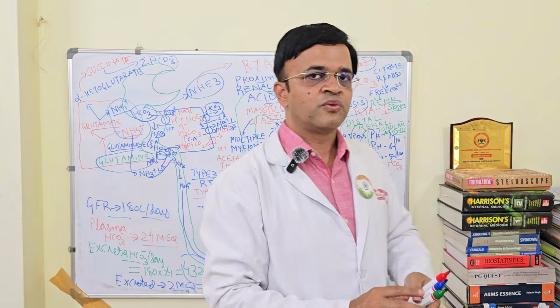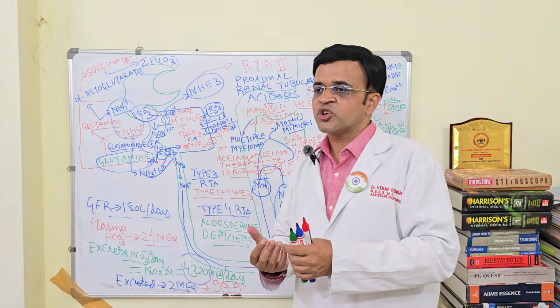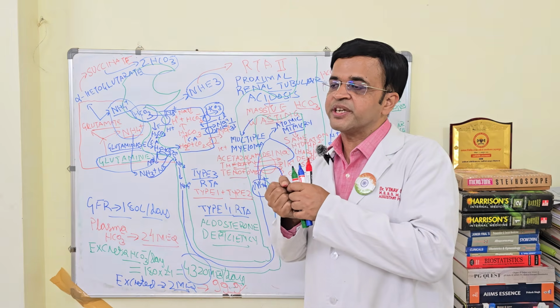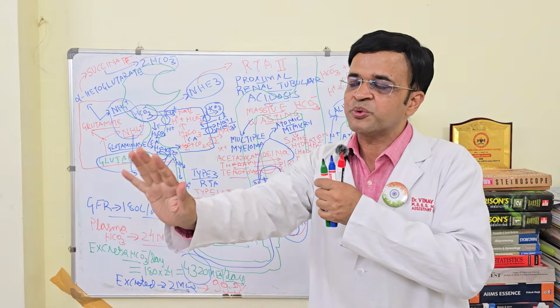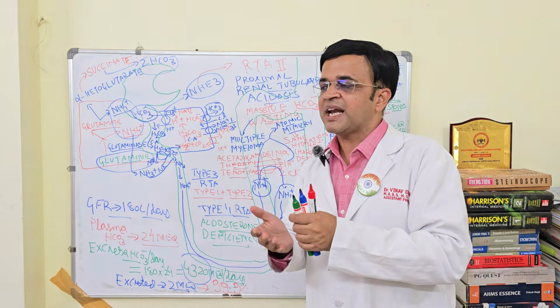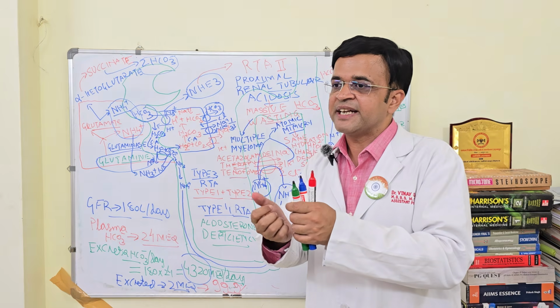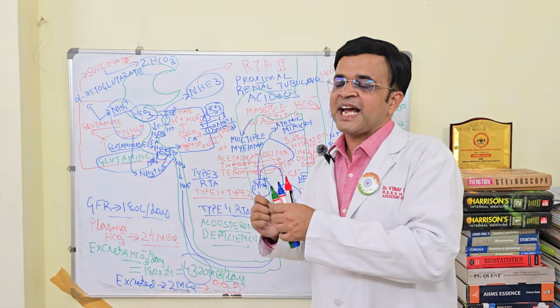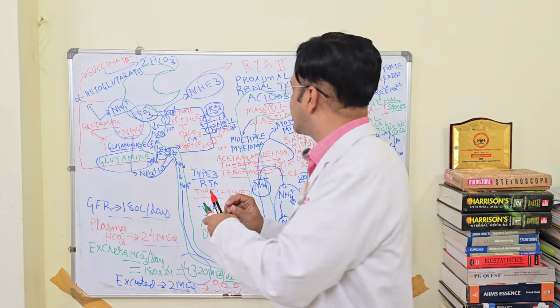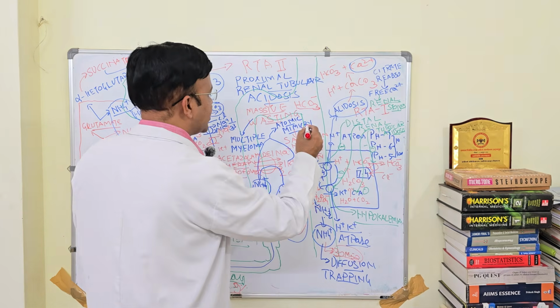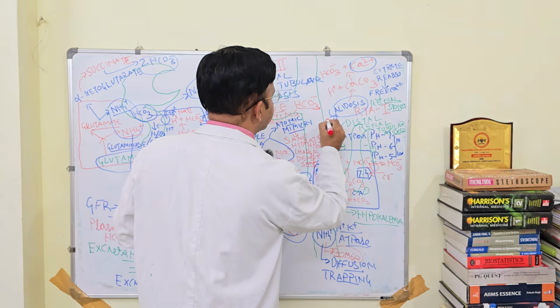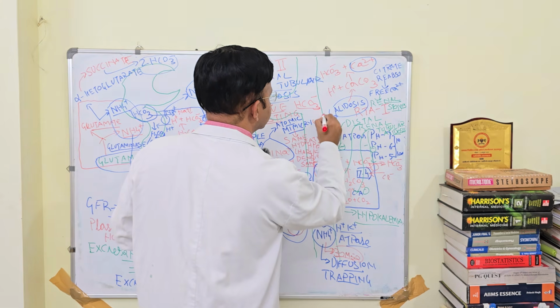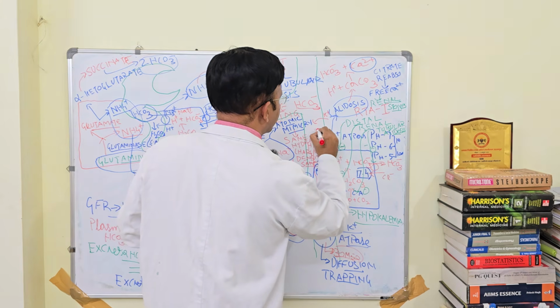Now just think of it. What does aldosterone do? Aldosterone is going to reabsorb your sodium and excrete out potassium, right? So what will happen if aldosterone becomes deficient? Enough sodium won't be reabsorbed and enough potassium won't be excreted out, right?